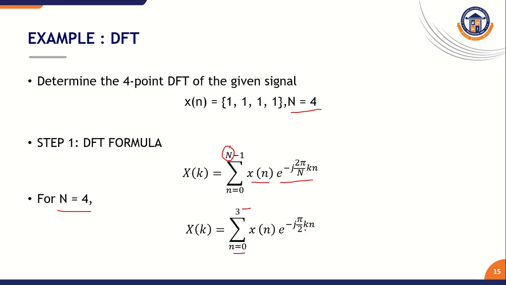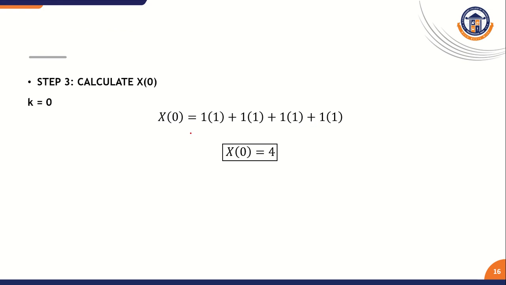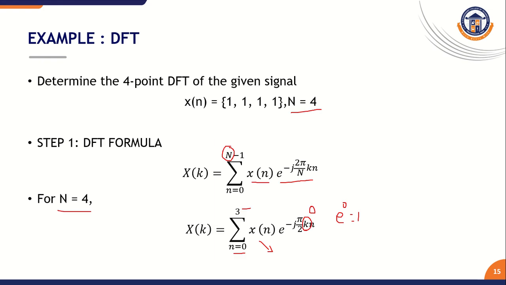But here k equals 0, so e power 0 equals 1. So the equation comes like this: x of 0 plus x of 1 plus x of 2 plus x of 3. What is the value of x of 0? This is the x of 0 value.